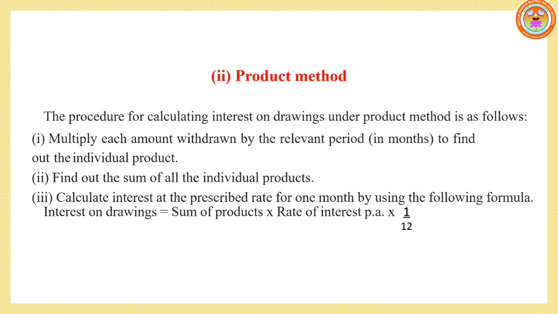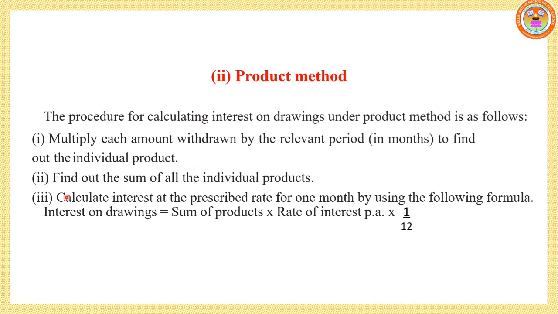Second method, product method. The procedure for calculating interest on drawings under the product method is as follows. He has withdrawn many times, different amounts, irregular amounts, irregular periods. So multiply each amount withdrawn by the relevant period to find out the individual product.